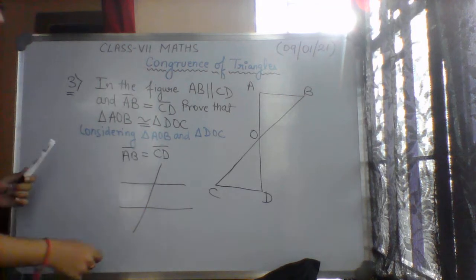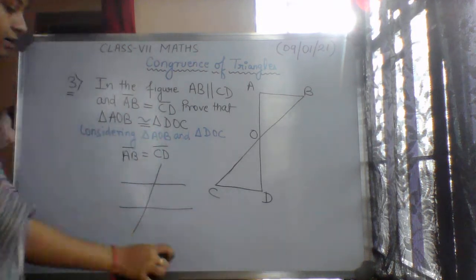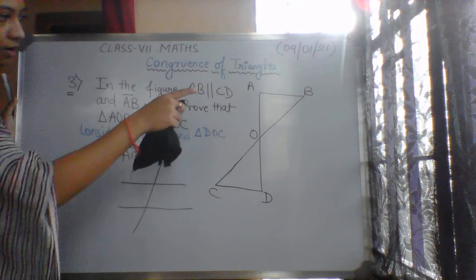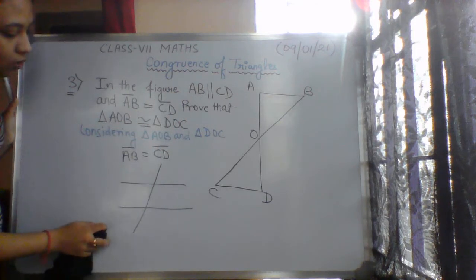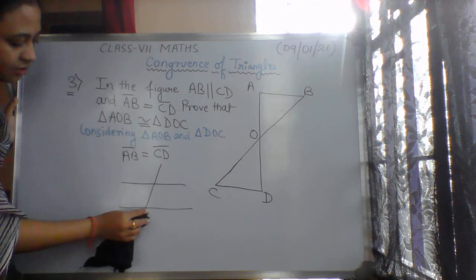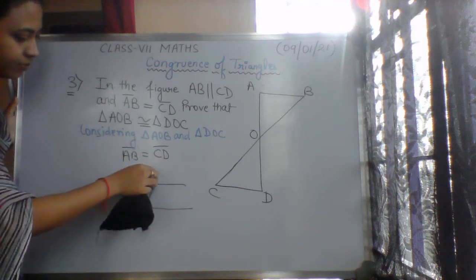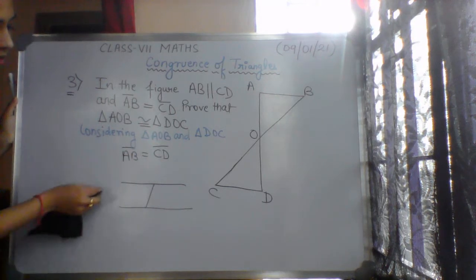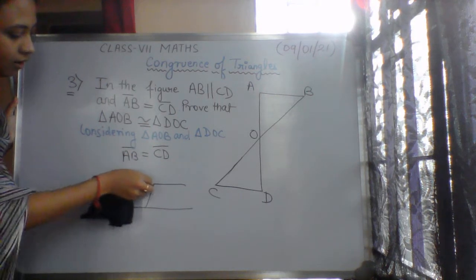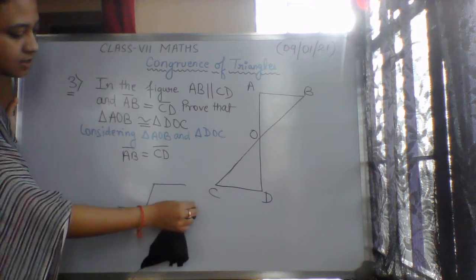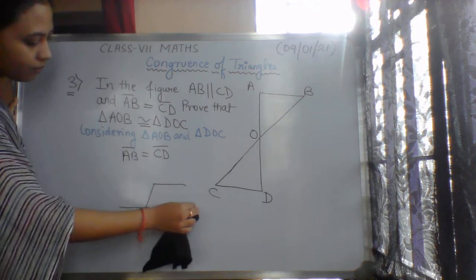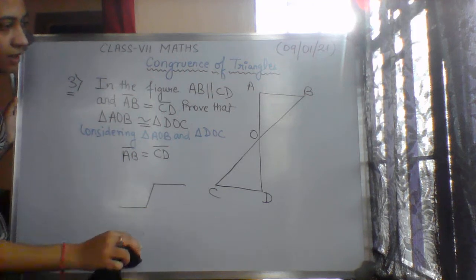These are the two parallel lines. This diagram only I am just making like that, so I am erasing the extension. Now I am erasing this one and this one. So the figure is something like that.